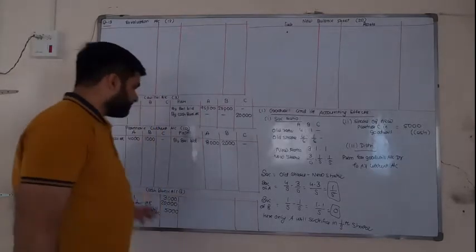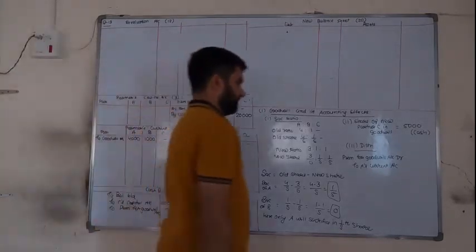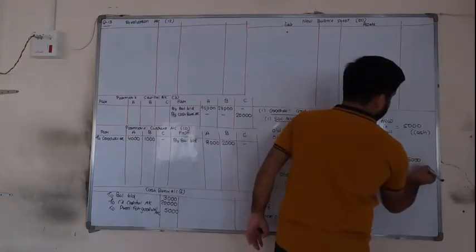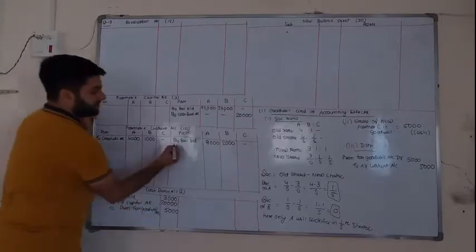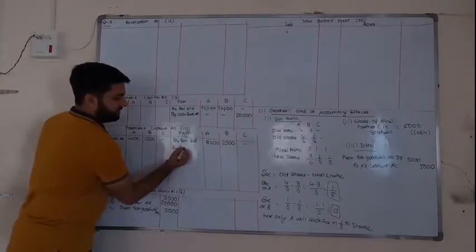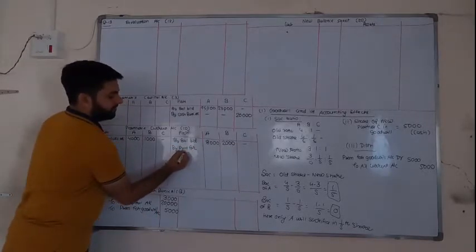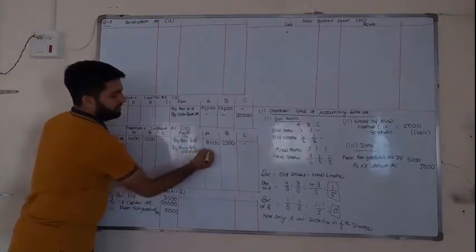Why current account? Because here capital and current both are given, and the amount will be 5,000 because only A is sacrificing. Now A is credited, so on the credit side of A, by premium for goodwill, only in the column of A, 5,000.